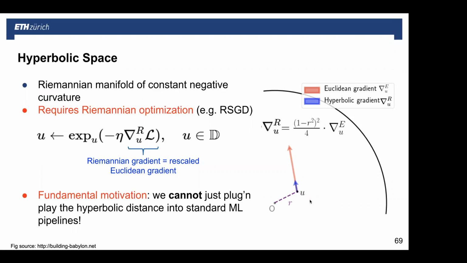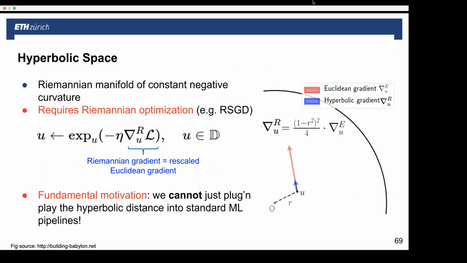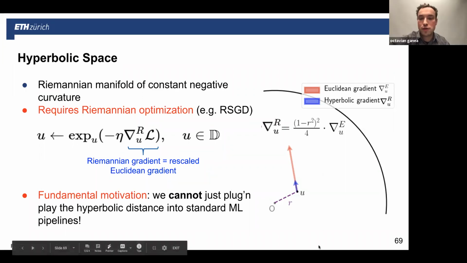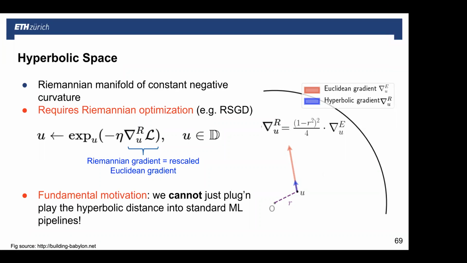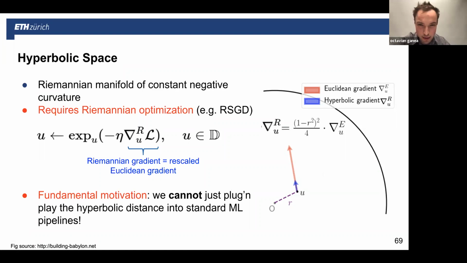Can I ask something? Could you just absorb this correction into the learning rate? Would it make any difference, especially if you're doing adaptive learning rate? Well, not really, because it depends on the point u. For different values of your embedding u it is going to be different. Oh, I see, so with a constant learning rate it wouldn't adjust from point to point. It doesn't depend on the gradient, so it's not like in Adam where you absorb the history of the gradient in the learning rate.